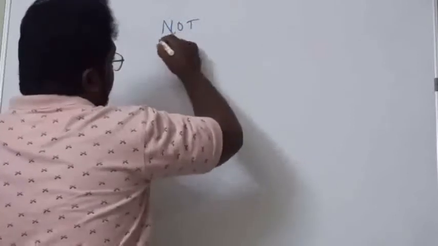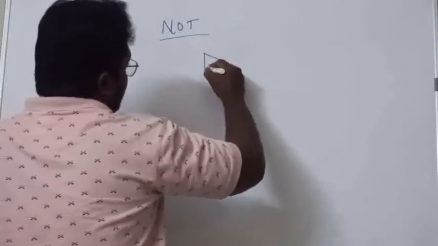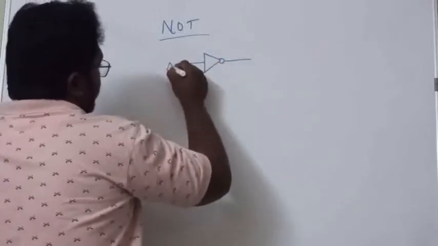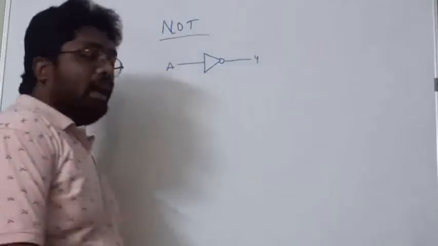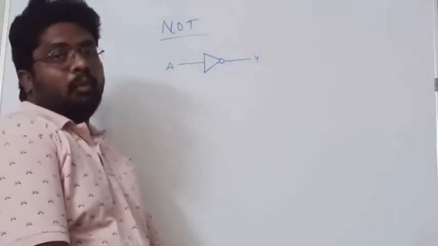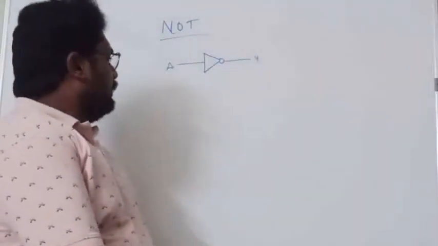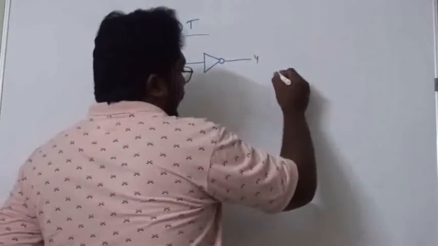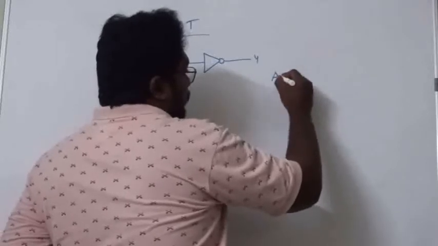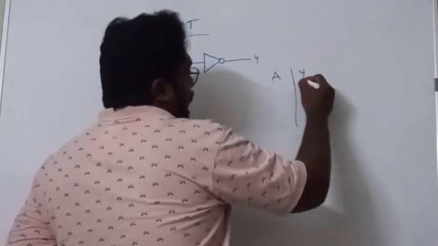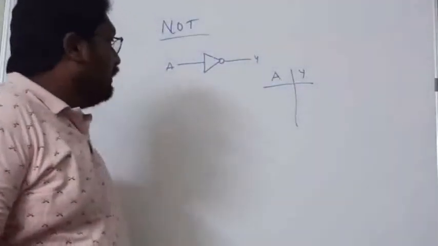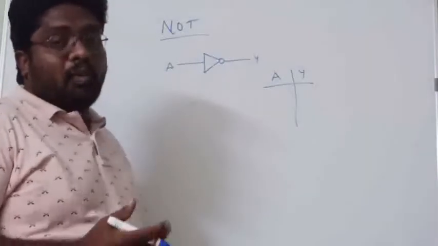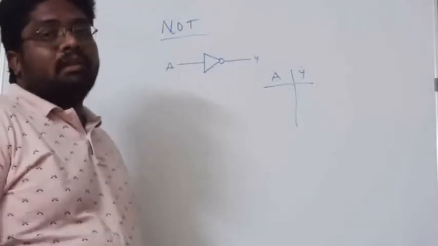The logic symbol for this NOT gate is like this, and here we have a single input A and a single logical output Y. The truth table for this NOT gate has one input A and the output Y. Here you may ask how many possibilities there will be for the given input.